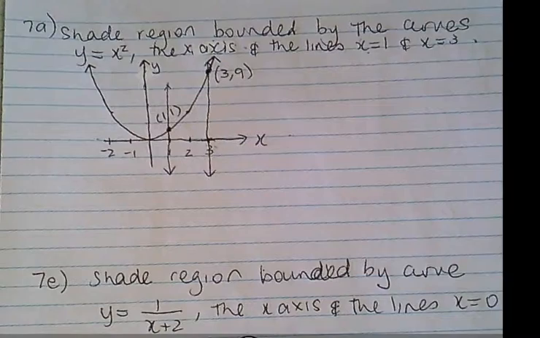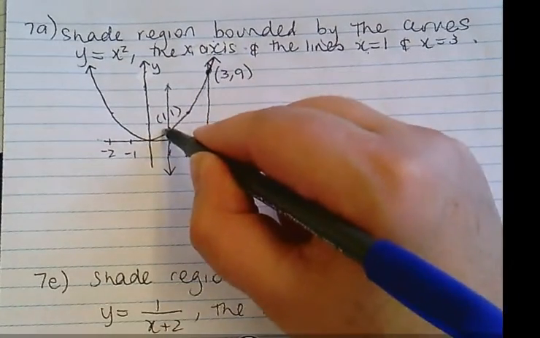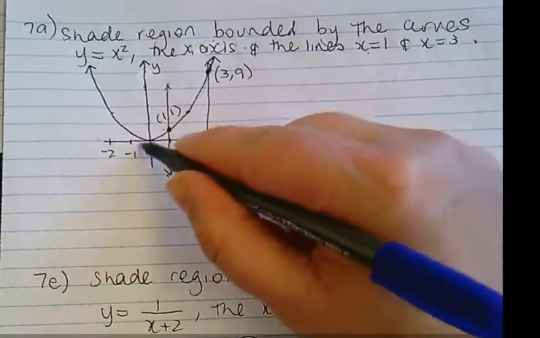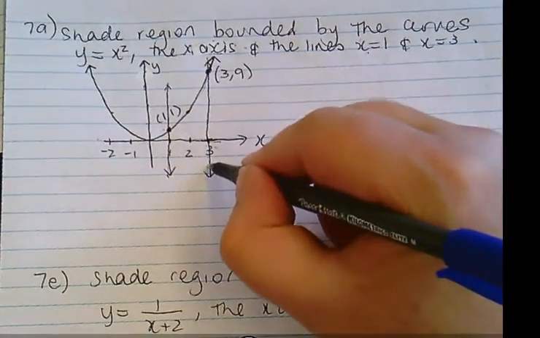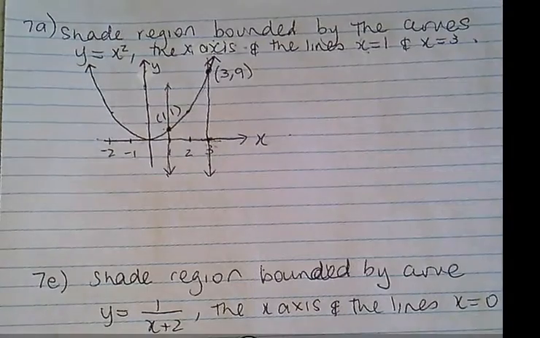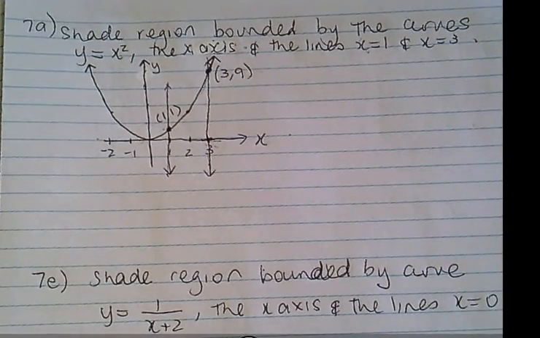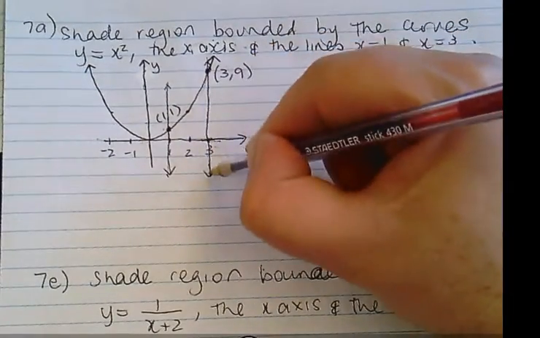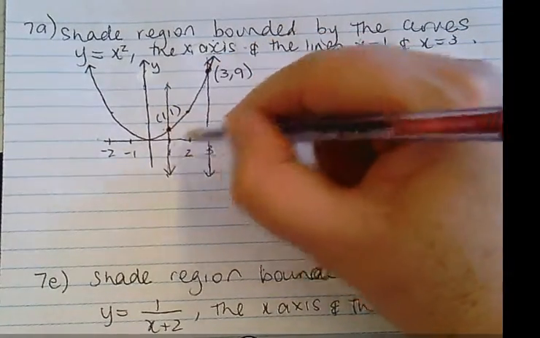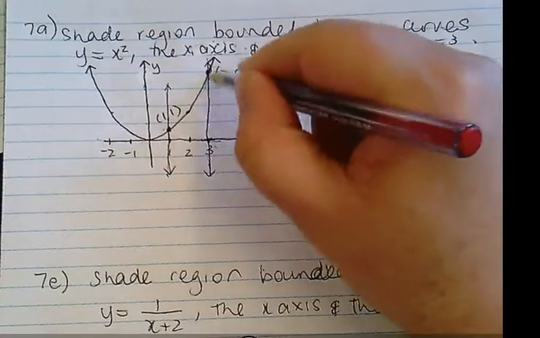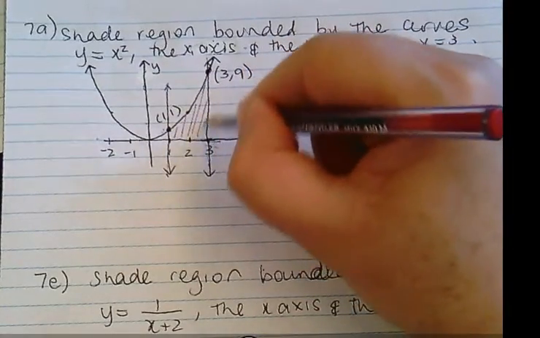Now, which region is bounded by the curve, the line x equals 1, the x-axis, and the line x equals 3? It'll be what's inside them. It's bounded by x equals 3, x equals 1, the x-axis, and the curve. It's all in here.